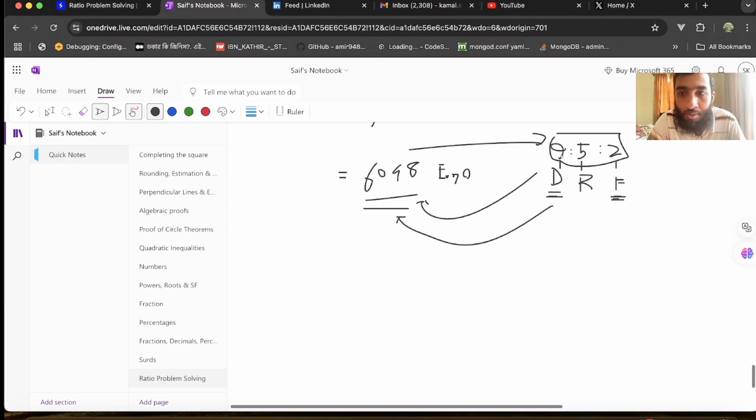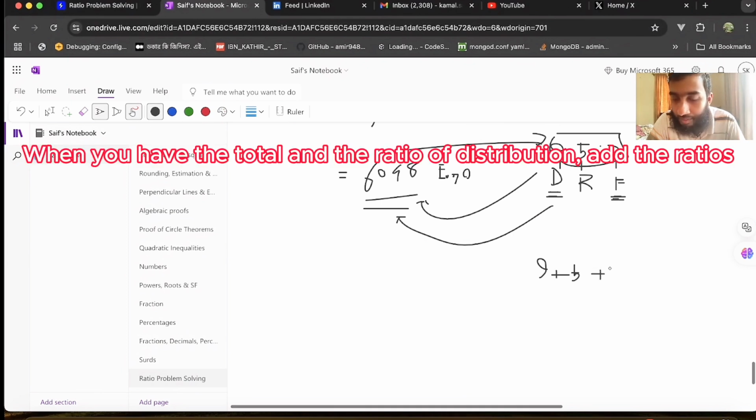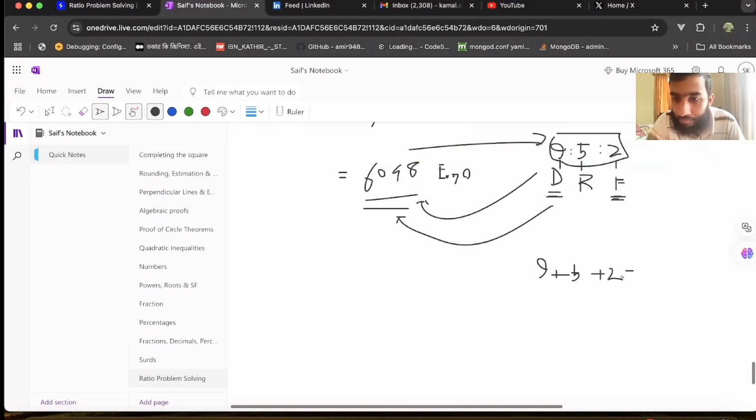So in terms of this ratio, if we add these 3 ratio numbers, 9 plus 5 plus 2, we get what? 14 plus 2, 16. So 16 is the total, which represents this 6,048.